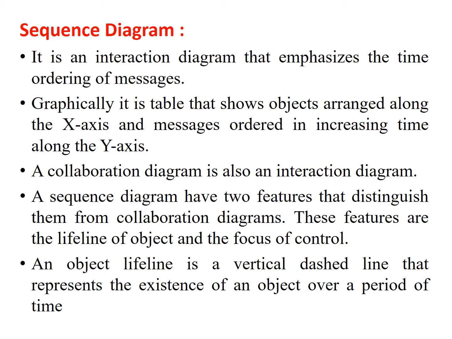A sequence diagram has two features that distinguish it from collaboration diagrams. These features are the object lifeline and the focus of control. An object lifeline is a vertical dashed line that represents the existence of an object over a period of time.